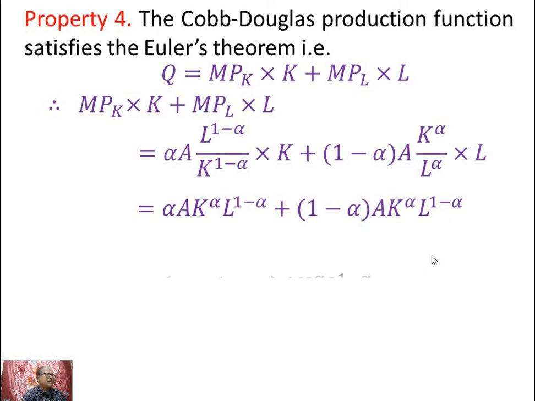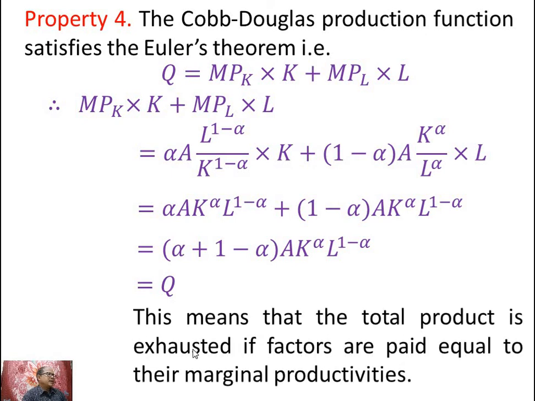Here A K^α L^(1−α) is nothing but Q. We take the common factor, and then we put the value, that is we got Q, because α plus 1−α is equal to 1, and A K^α L^(1−α) is nothing but Q. So, finally we get Q = MPK·K + MPL·L.